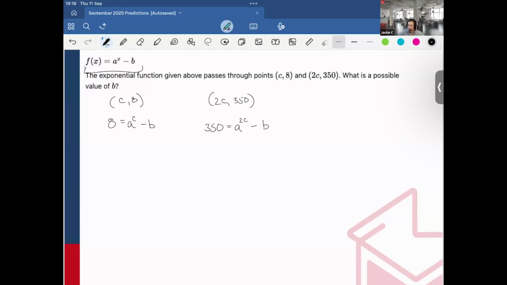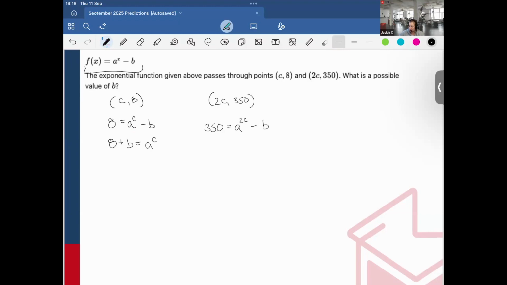I can see that we both have a to the c and a to the 2c here. So whenever I see exponents, I think about reverse engineering them and maybe manipulating them. So I could move the b over here and do this as 8 plus b is equal to a to the c power.